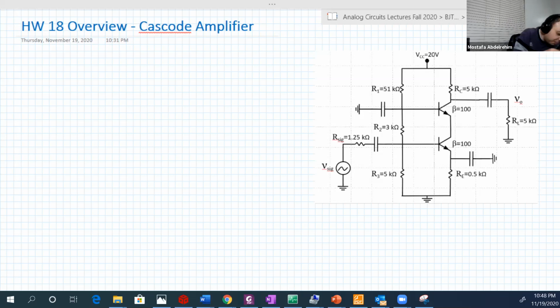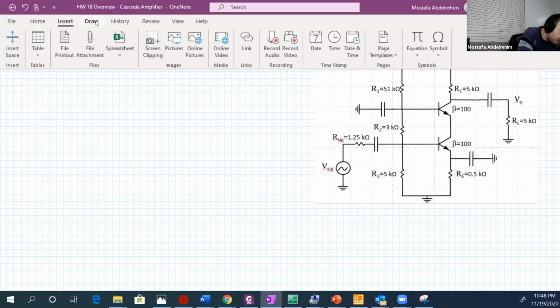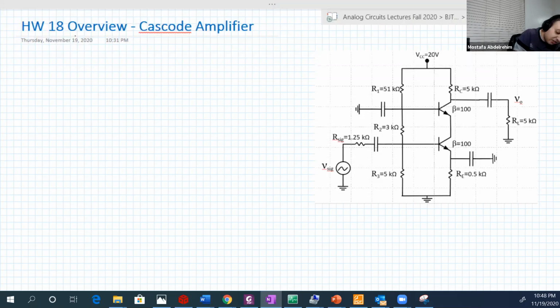In the common emitter, the input is at the base and the output is at the collector. In the common base, the input is at the emitter, and the output is again at the collector. Good.